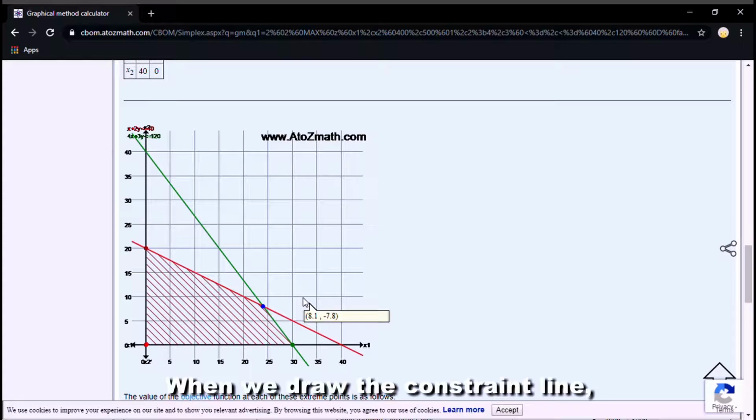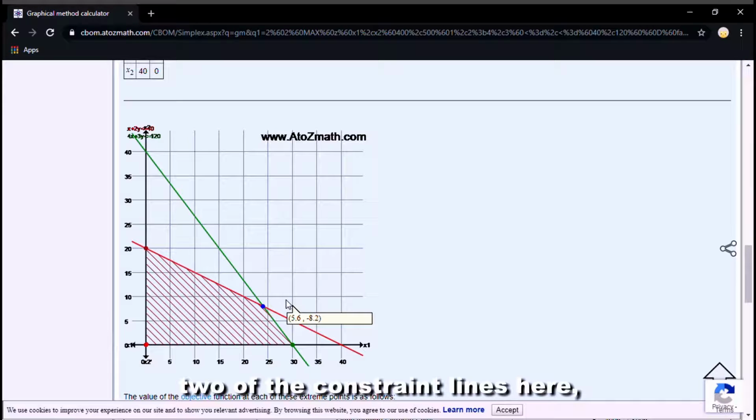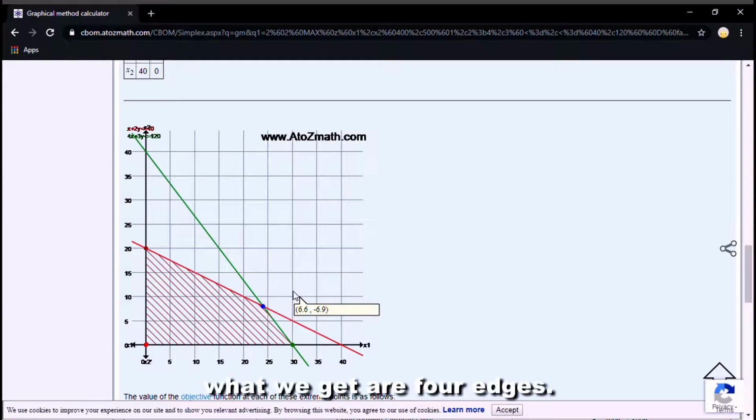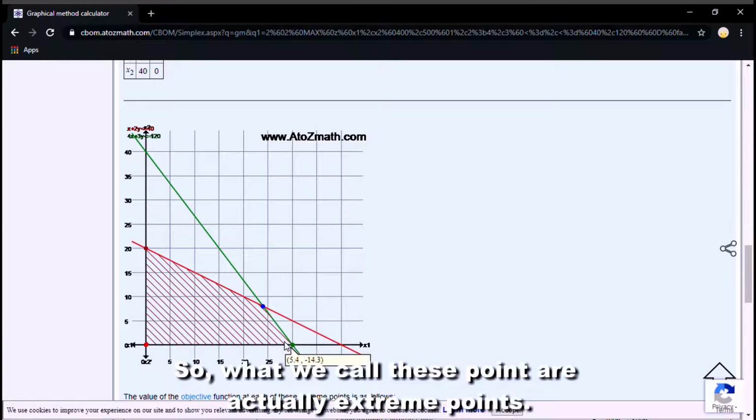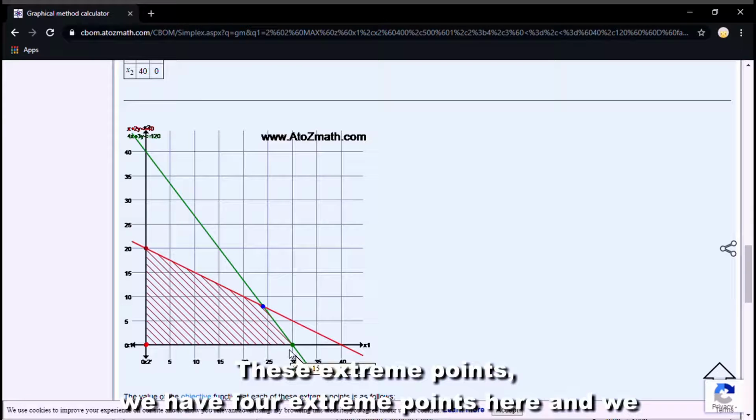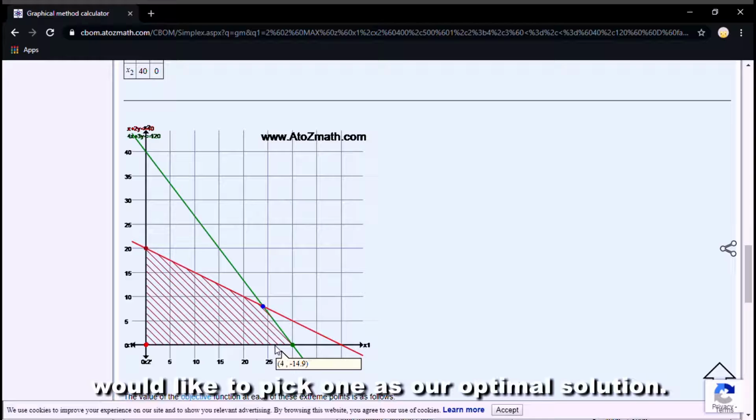Okay, so when we draw these two constraint lines, what we get are four edges. These points are what we call extreme points. We have 4 extreme points here, and we would like to pick one as our optimal solution.